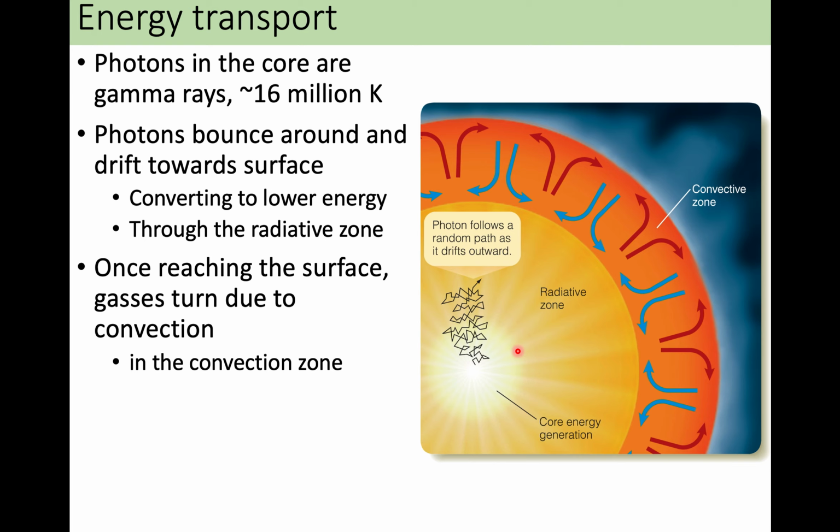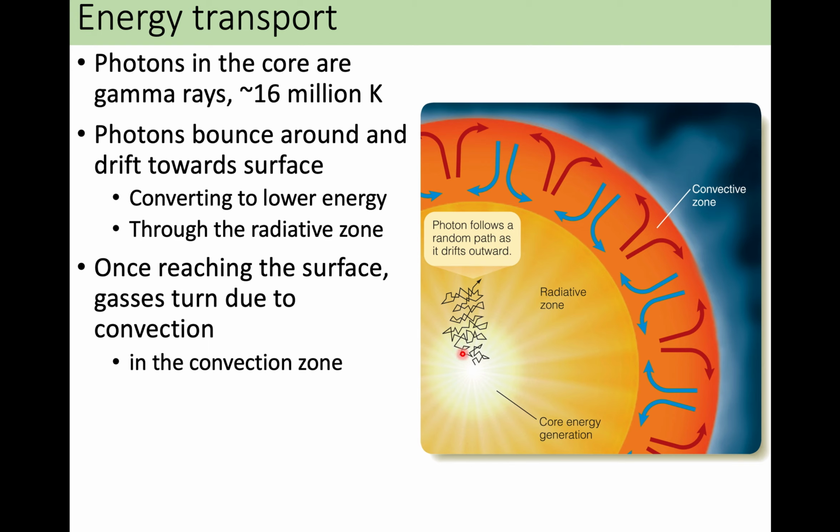So we have energy being generated in the core of a star by nuclear fusion. So this is creating photons that are very, very, very high energy, incredibly high energy. They are in the gamma ray wavelength, very hot, around 16 million Kelvin. These photons will bounce around as they drift outward. So they don't travel directly outward from the core to the surface of the star.